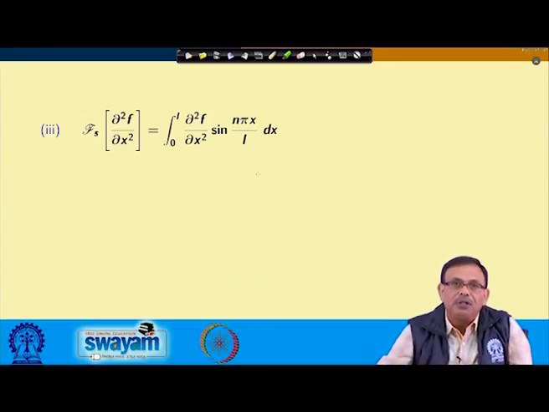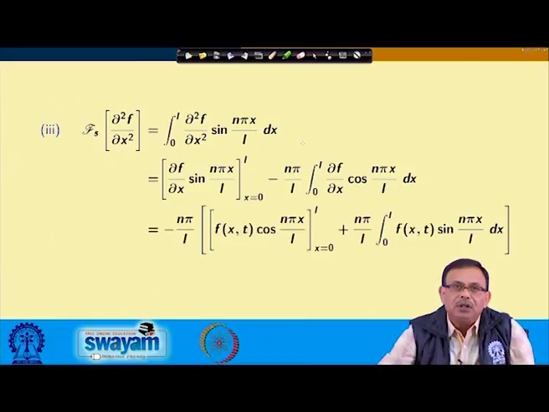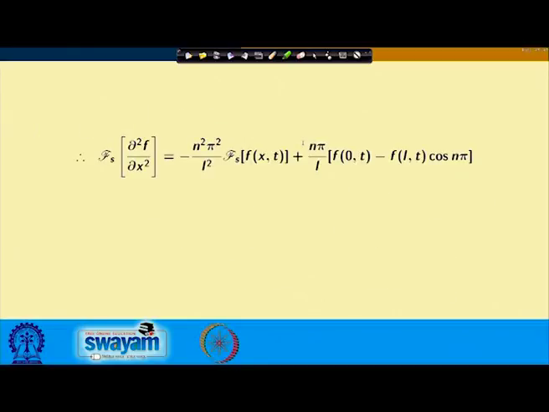If I use the Fourier sine transform of this by integration by parts, then again the first part here is 0. The second integral I am again using integration by parts, so that you will get two terms, and if you evaluate, the integral is nothing but n pi by L into the Fourier sine transform of f of x, minus f of 0 t minus f of L t into cos n pi. So, I have to remember these things.